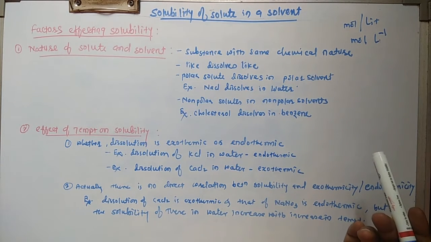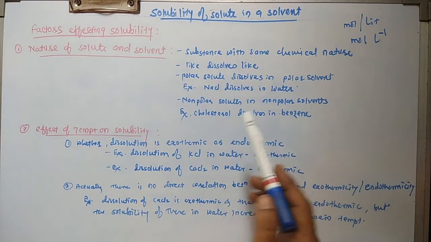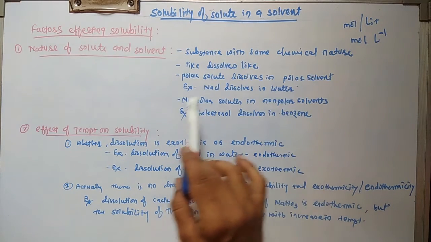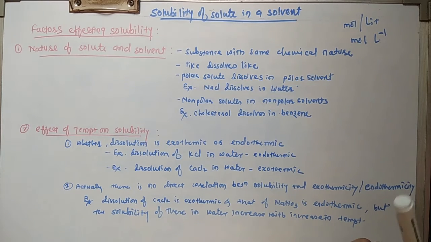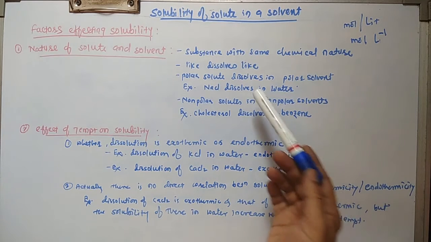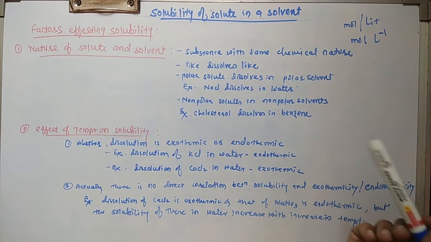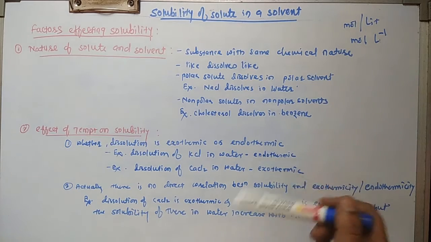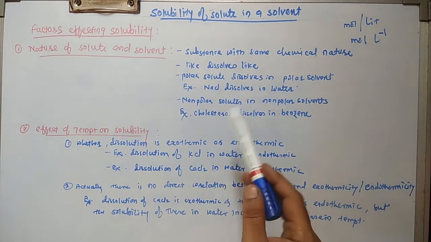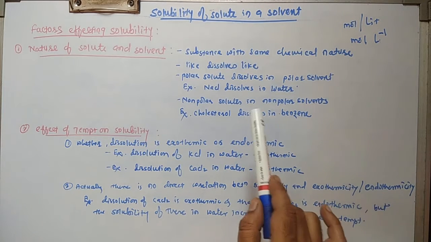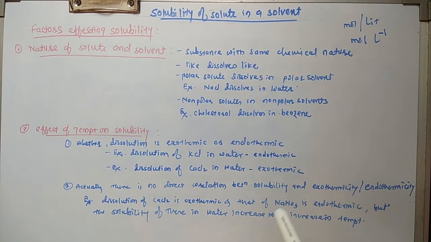Now another example, sugar dissolves in water effectively. That is a different example than these two. So this is all about how the nature of the solute and solvent affects the solubility of a solute in a solvent. This is the one factor which affects the solubility.